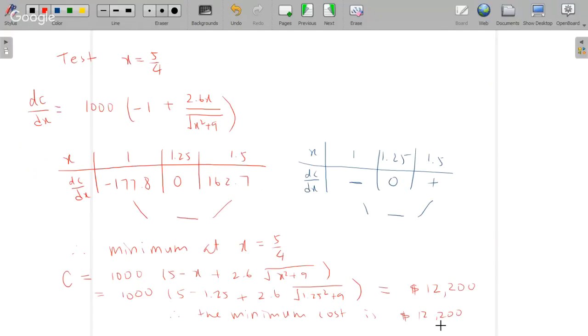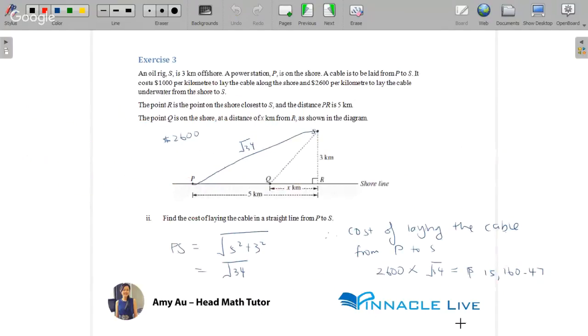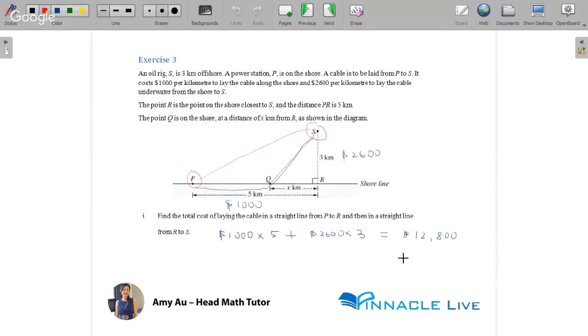Now, before we go on to the next part, let's just take a step back and see what the story has been so far. So going back to the prior parts, you see how in the first two parts we've calculated the extremes. So the one extreme is going super long way, short, and then straight across. That costs us $12,800.